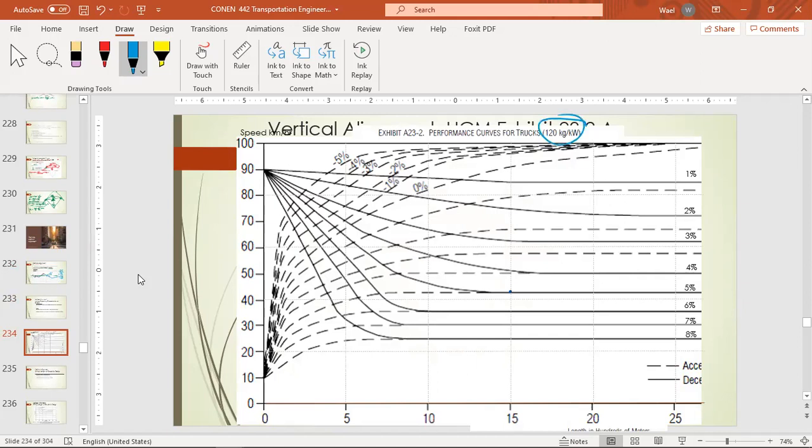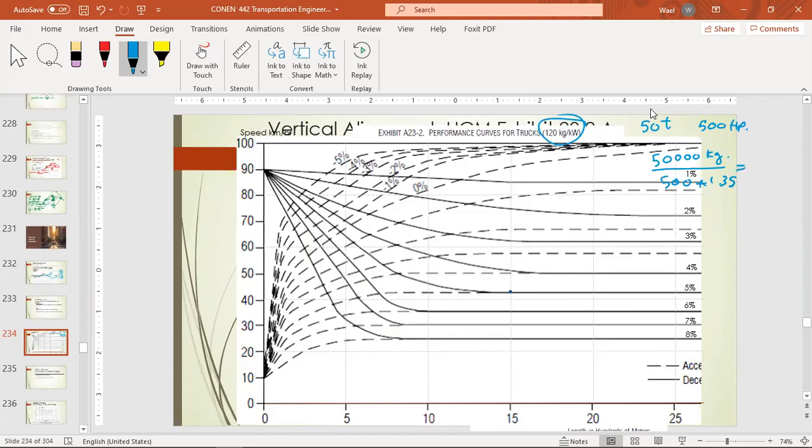How can you calculate this? For example, if you have an 18-wheeler that weighs 50 tons, and it has an engine that has 500 horsepower. So how can we find this? It's 50,000 kilograms divided by 500, divided by 1.35 to convert it to kilowatt.